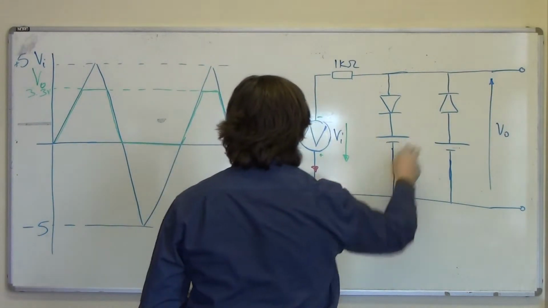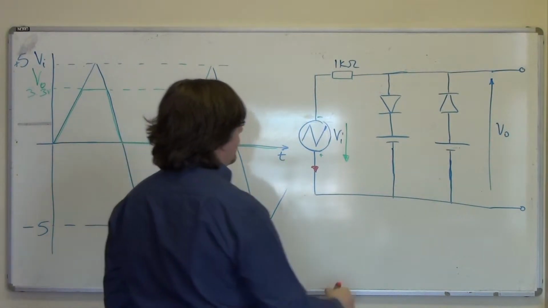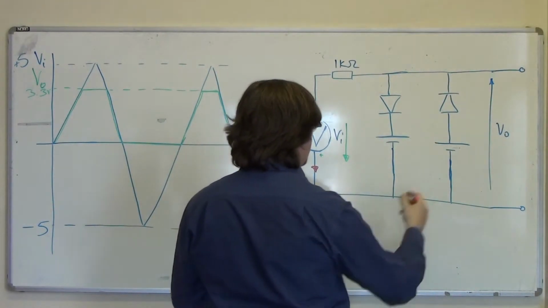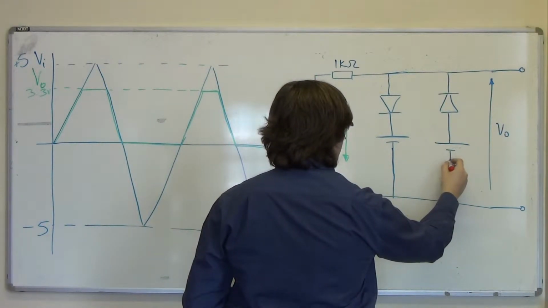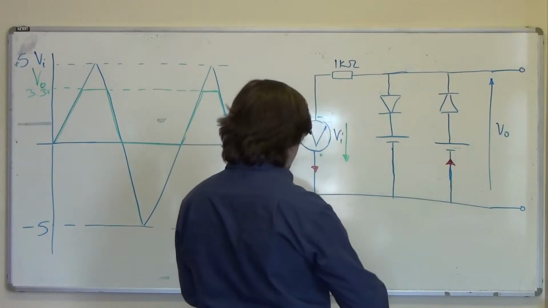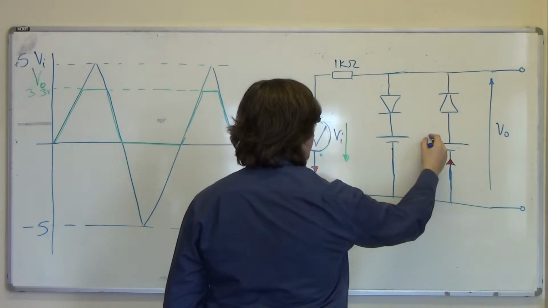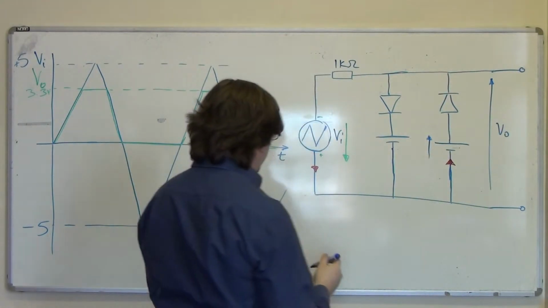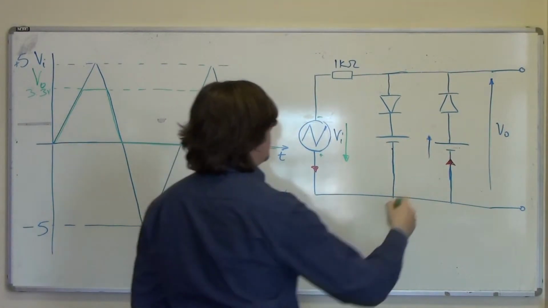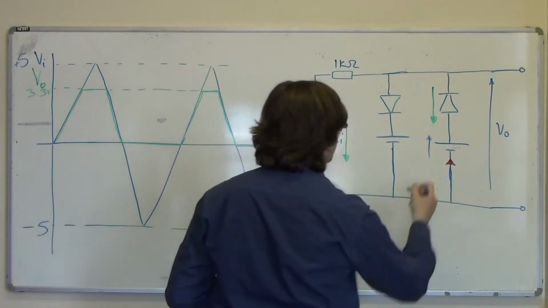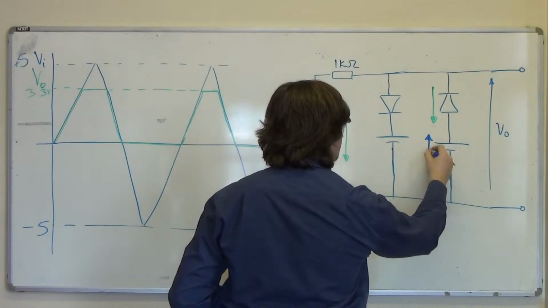So it must be this one. And there's a current that goes up there. So around the voltage source, we can draw like that. And the voltage across the diode will be like that.